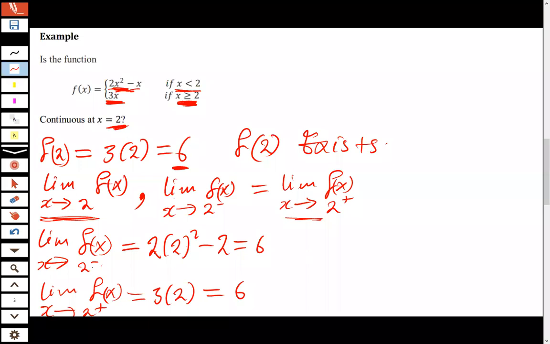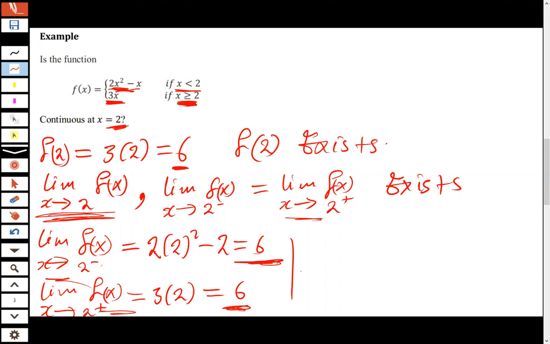Now if you check, the left side and the right side are the same, we're getting 6 on both sides. So this tells us that the limit of f of x as x approaches 2 exists.